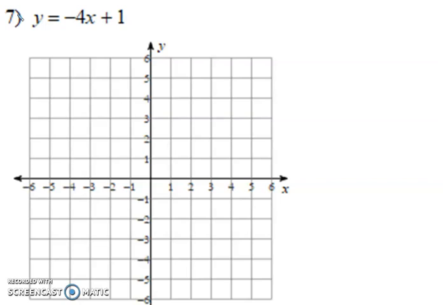Number 7. Okay, you have a dot at 1, and my slope is -4. If I have anything that's a whole number slope, put a 1 under it.